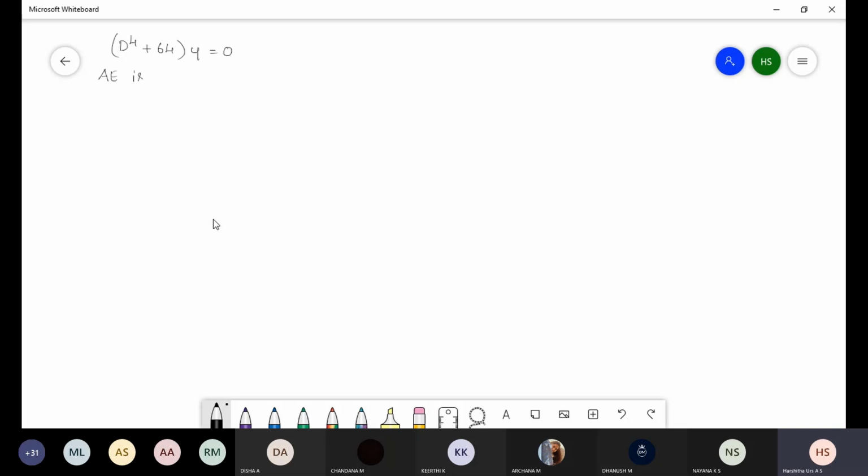The auxiliary equation is m power 4 plus 64 is equal to 0. So this I can write as m square whole square plus 64, that is 8 square, is equal to 0.